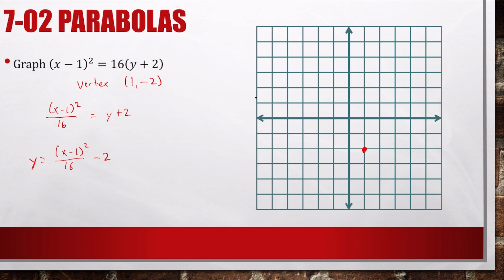Now that we've solved it for y, we can make a table of values in the calculator. So you go ahead and make a table in the calculator and plot the points. And there you have it.